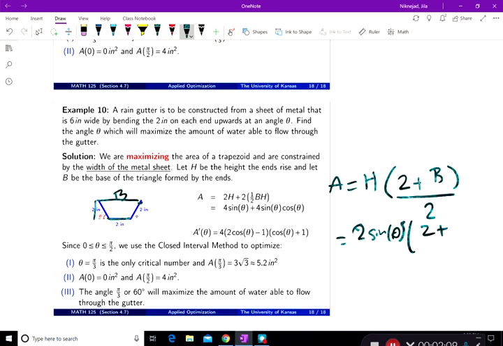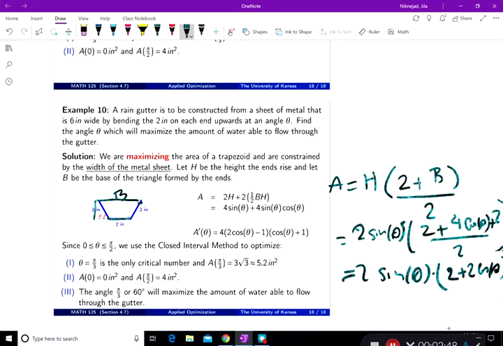B is 2 plus 2 times 2 cosine theta, so that would be 4 cosine theta plus 2, divided by 2, and the entire thing will come out as 2 sine theta times 2 plus 2 cosine theta.